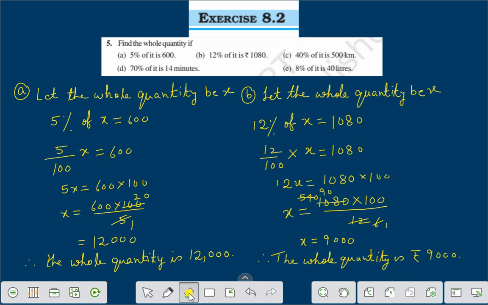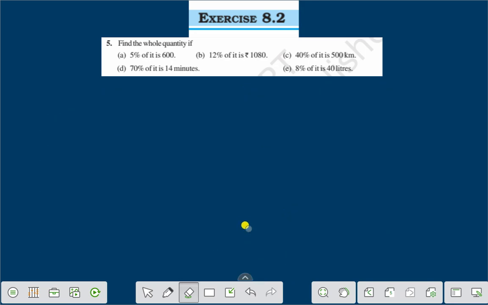Now we shall solve question number C. Question number C is 40% of it is 500 kilometers. Let the whole quantity be x.